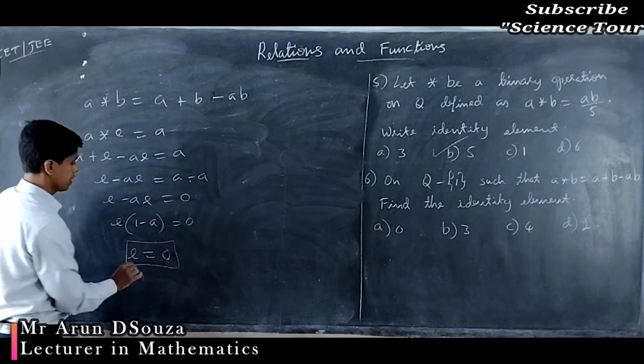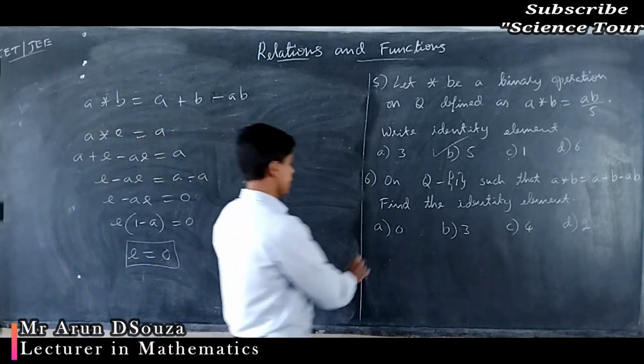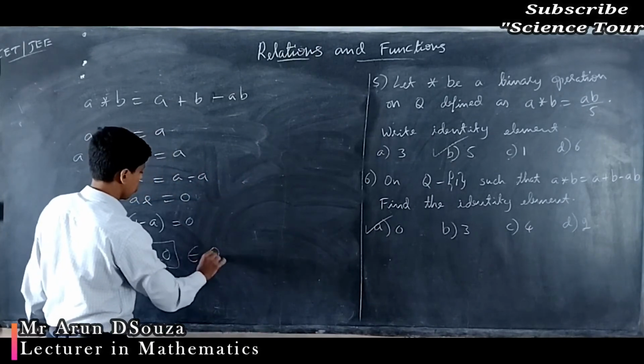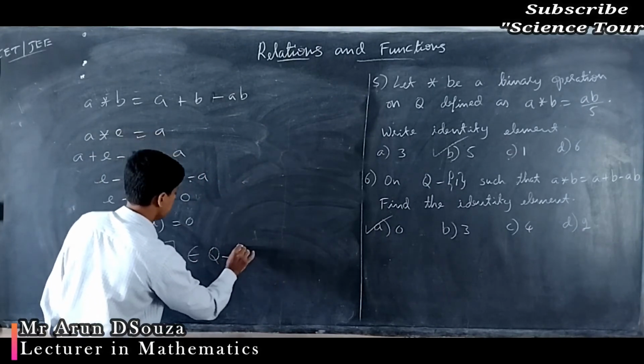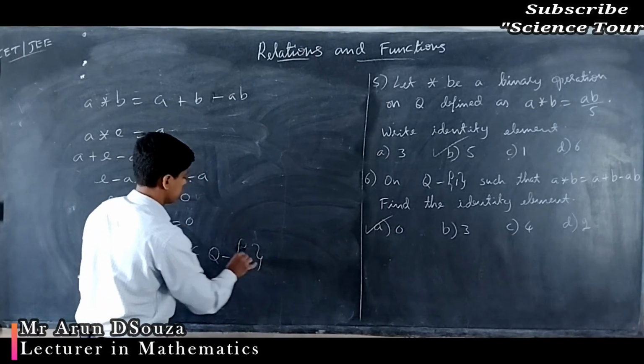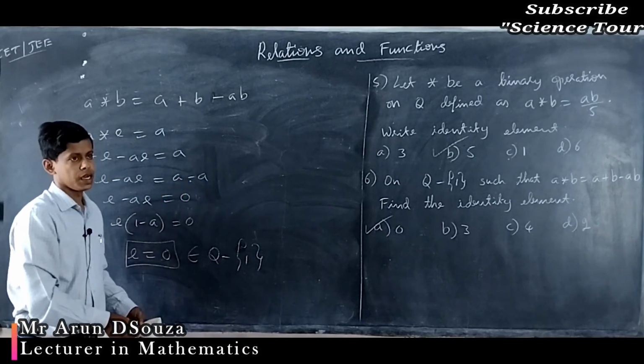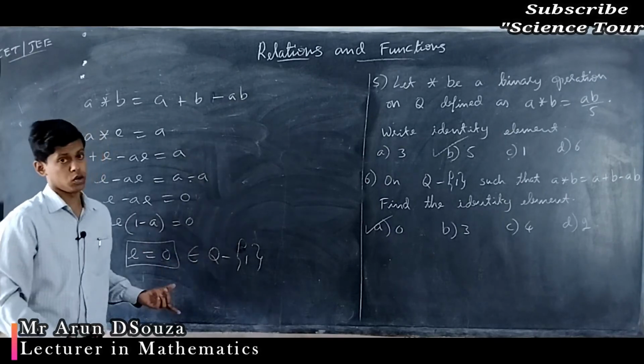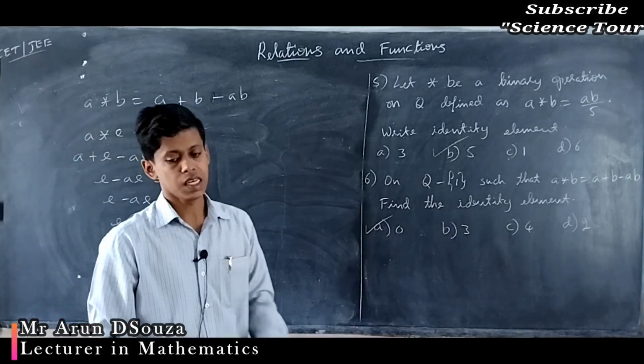So what is the identity element? 0 is the identity element. And does it belong to this set? Yes, it belongs to Q minus 1, because 0 is a rational number and only 1 is subtracted from that set, so 0 belongs. Well, therefore option A is the right answer.